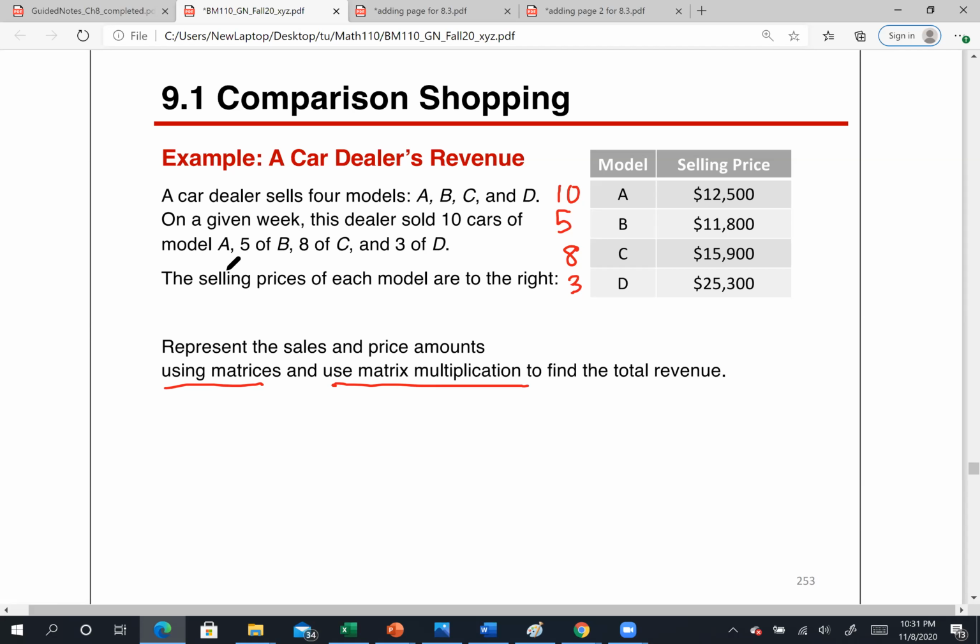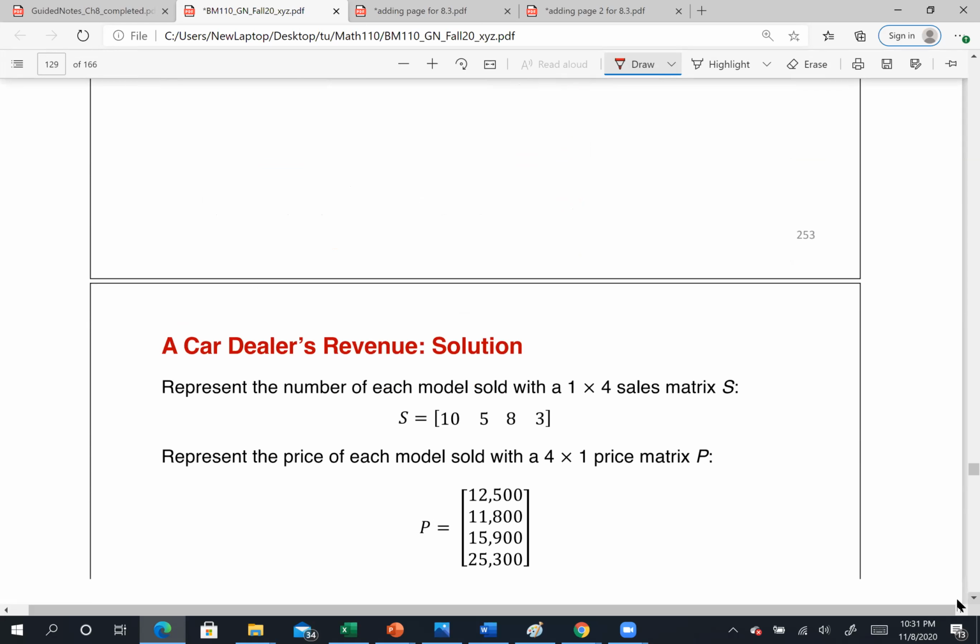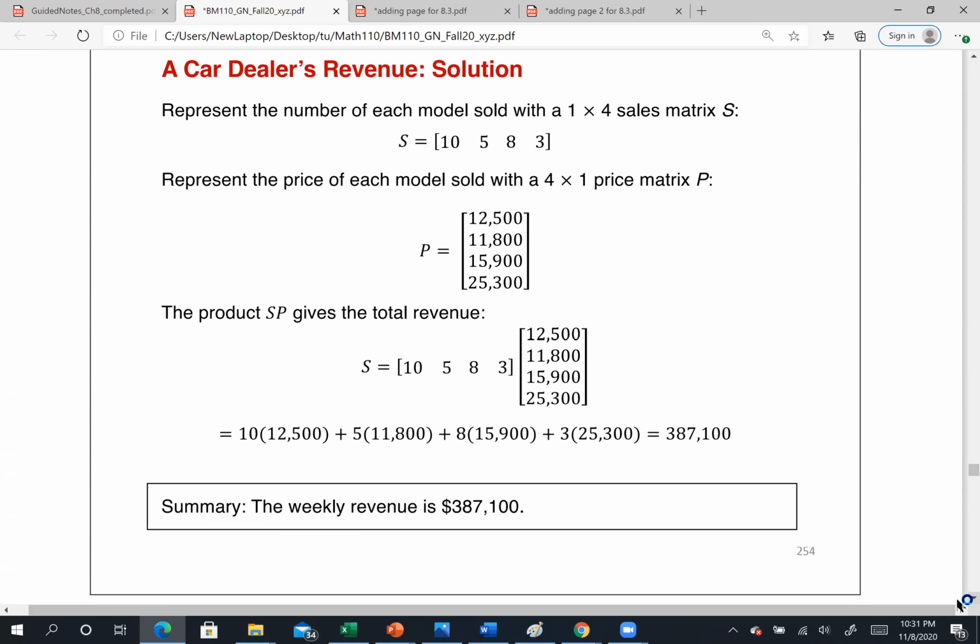So I will move down to the next page to see the way to solve this problem. Firstly, you need to represent the number of each model with a 1 by 4 sales matrix, which is matrix S.